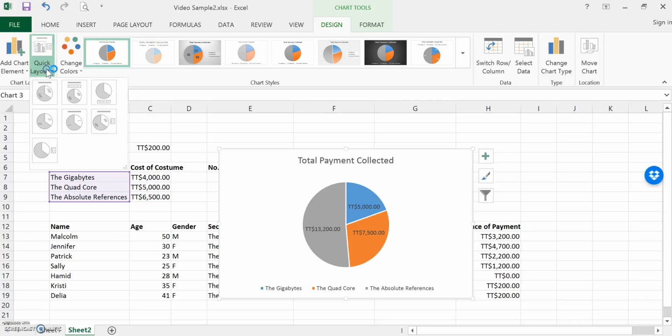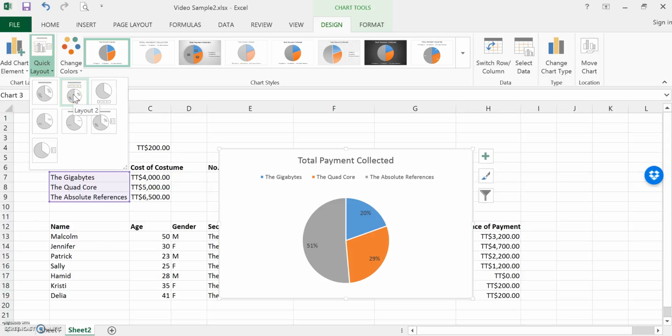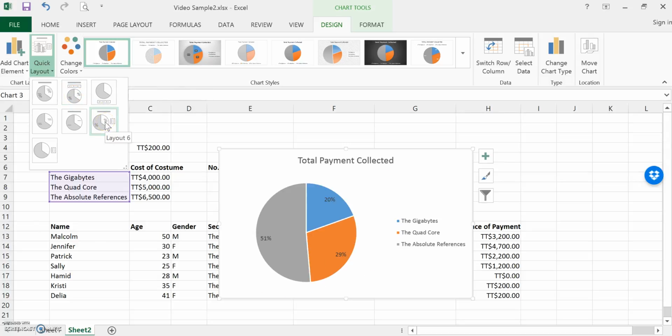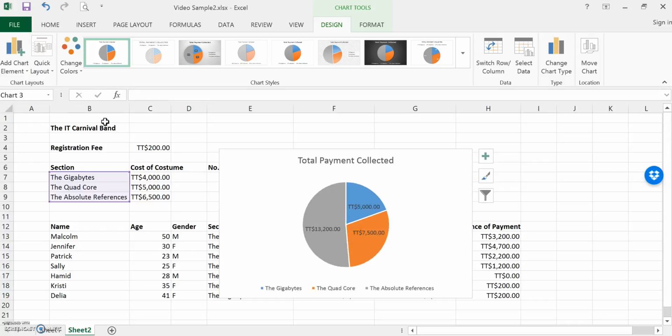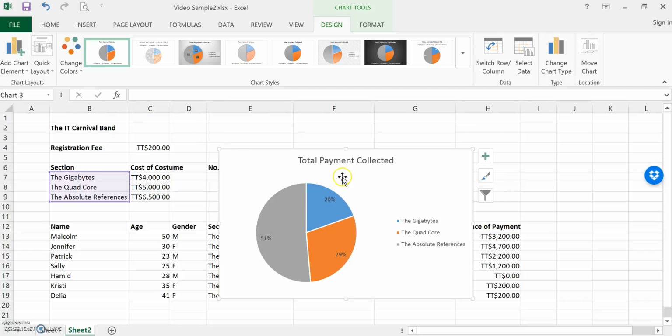I can also use a different layout. Certain layouts will actually give me the percentage of each sector, of each fraction. So I'm seeing that in total payments collected, 51% of the money collected came from the absolute references, 29% came from the quad core, and only 20% of the money collected came from the gigabytes section.